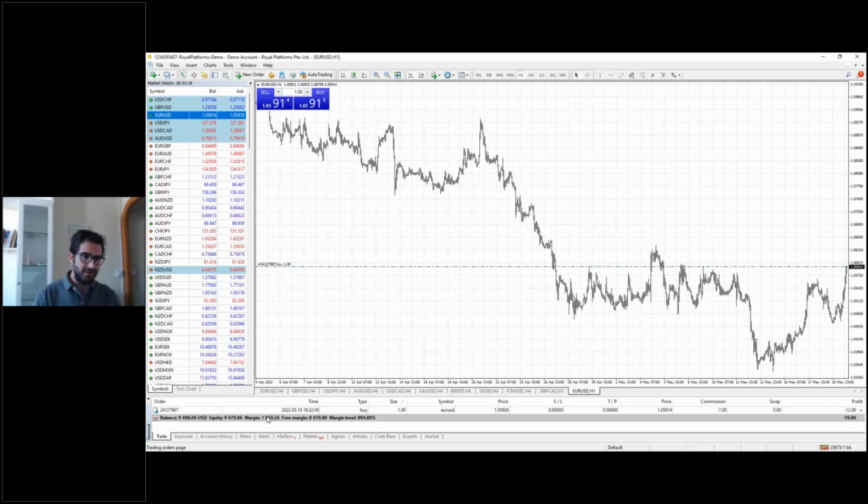We have an account in dollars, so they freeze $1,059, which is the deposit or down payment as a guarantee, and they give you the purchasing power to be able to trade 100,000 euros. So you understand now how the leverage works.